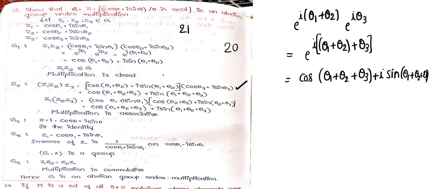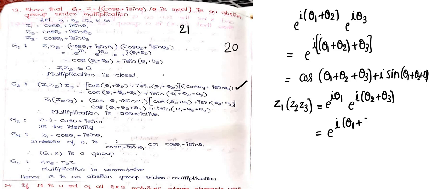Next, we want to find out Z1 into (Z2 into Z3). Substitute Z1 and also the product of Z2, Z3. Now this term can be written as e power I theta 1. This term can be written as e power I theta 2 plus theta 3. Bases equal, add powers, observe I is common.